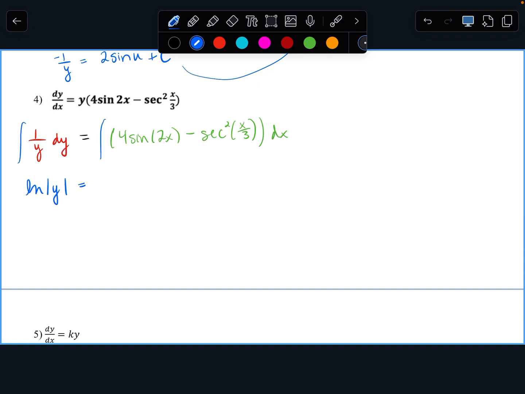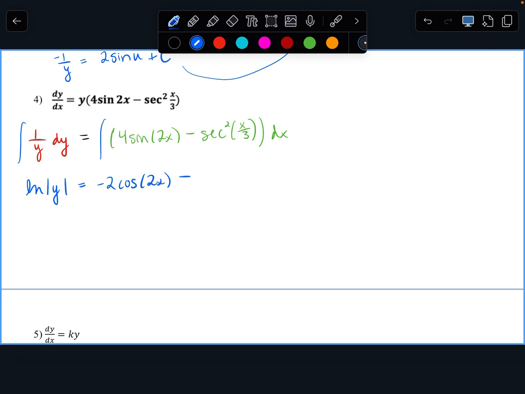And then if this is a divide by 3, you're going to multiply by 3 for the antiderivative. So for this integral, if you integrate that, that's going to end up being negative cosine. But because of the 4 and the 2, you're going to multiply by 1/2 for chain rule. And then 1/2 times 4, so that'd be negative 2 cosine 2x.